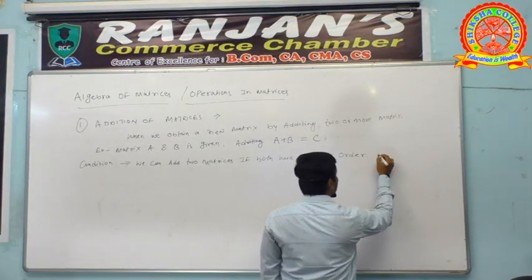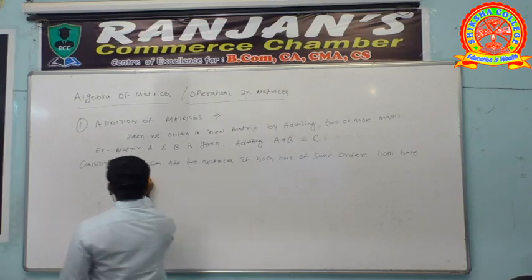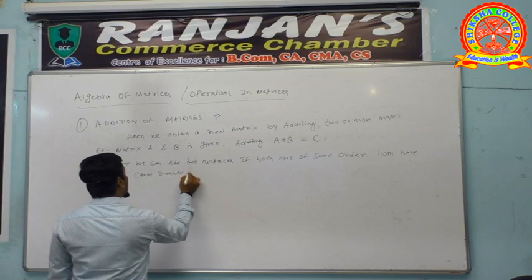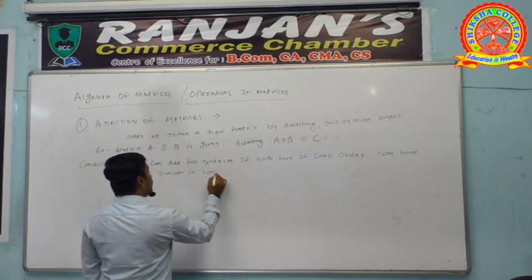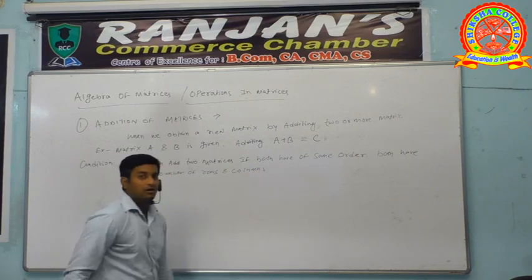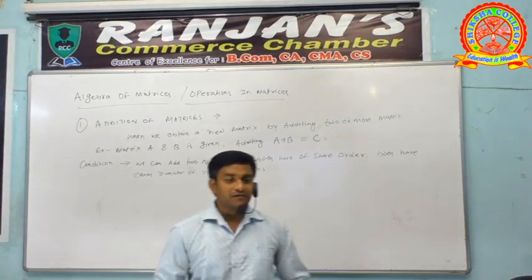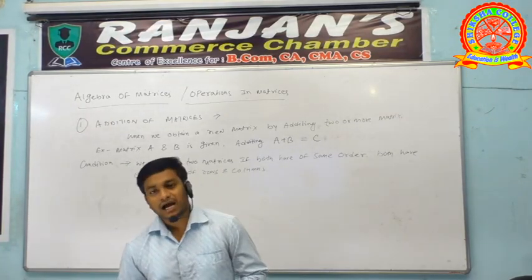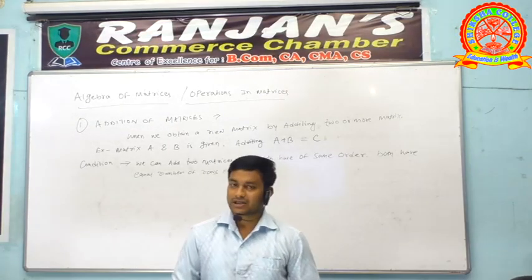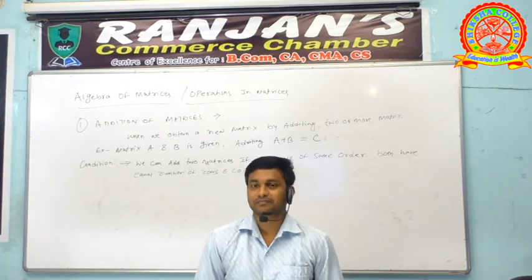Same order means both have an equal number of rows and columns. Clear? If we have two matrices, both of the same order, then only we can add them. Otherwise, we cannot go for adding the two matrices.